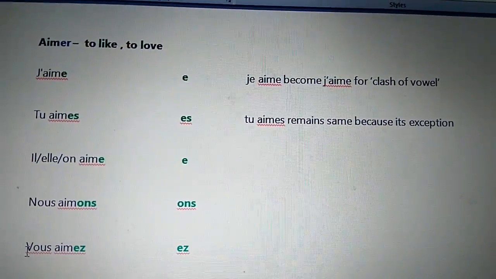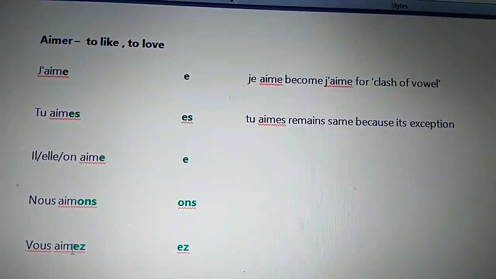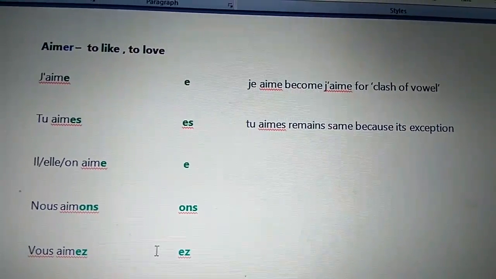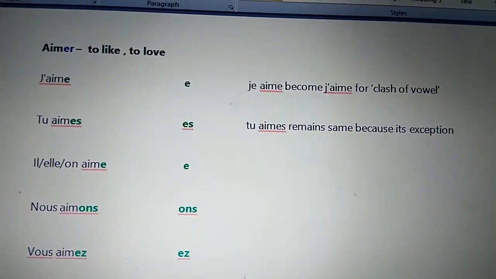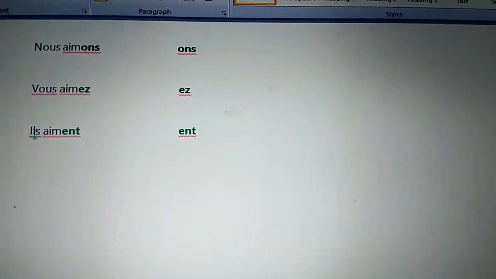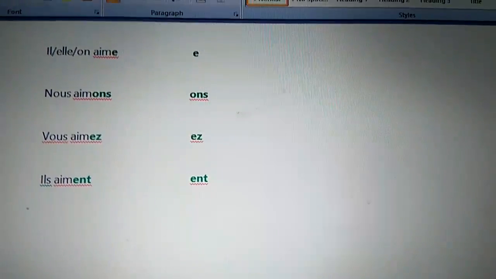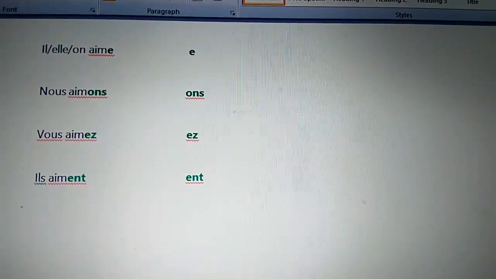The next is vous aimez, that means you like. Nous aimons, we like; vous aimez, you like. Now the next one is il aime, and this is what you have to remember: it's il aime, and the same for elle aime.